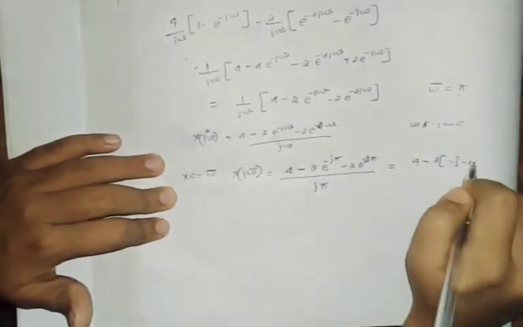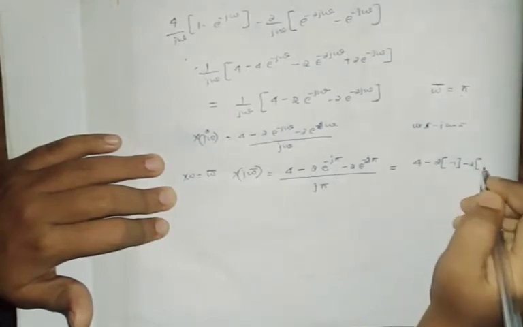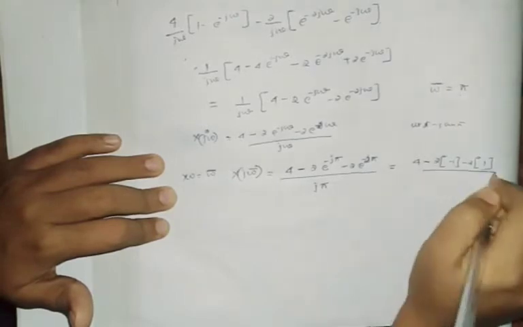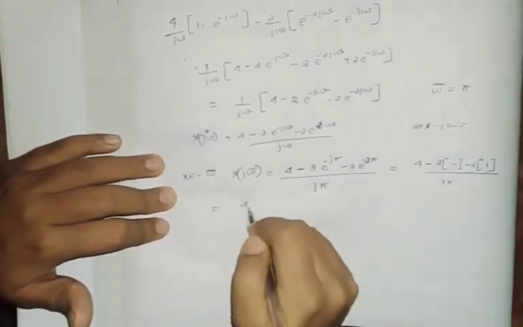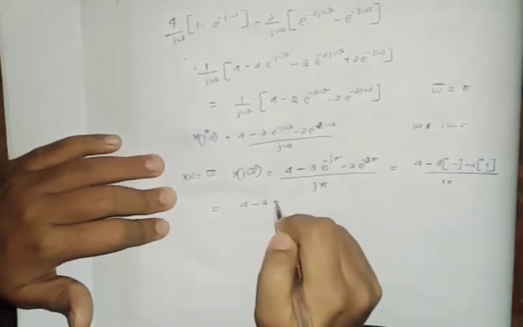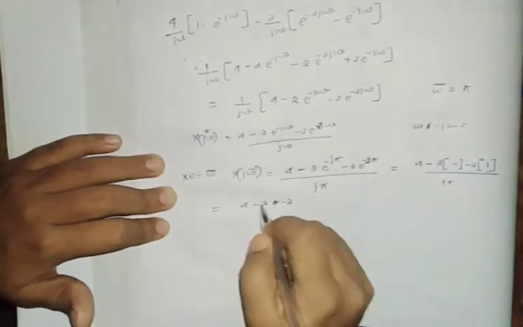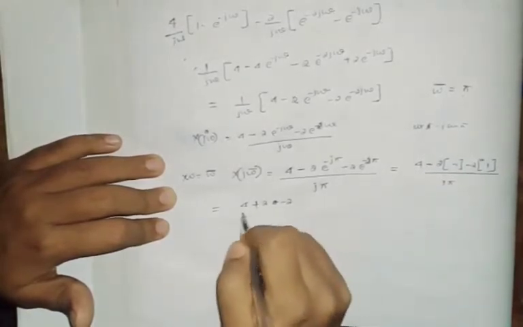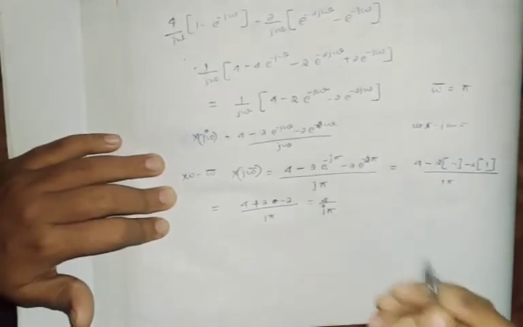Okay, minus 2 into e raised to minus 2j pi, also we get plus 1, the whole divided by j pi. So 4 minus 2 plus 2 minus 2 whole divided by j pi, we get 4 divided by j pi.